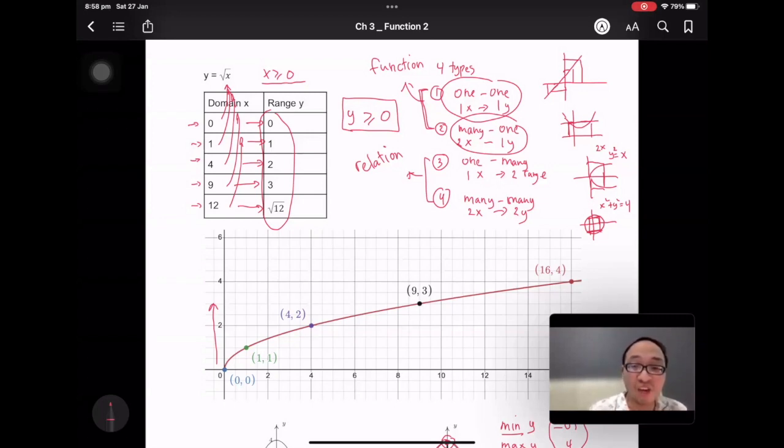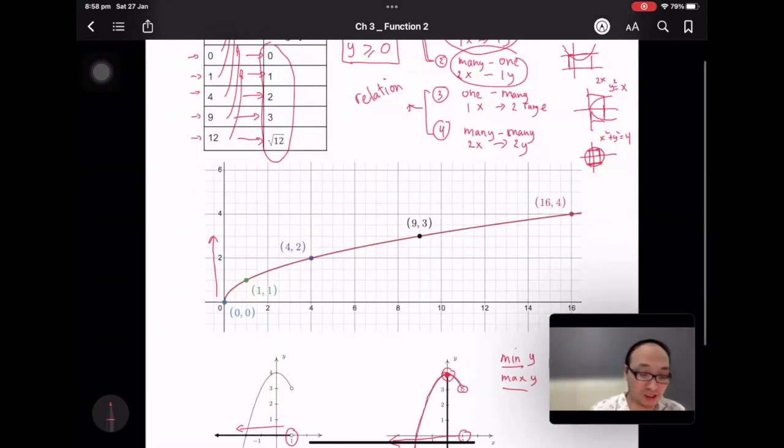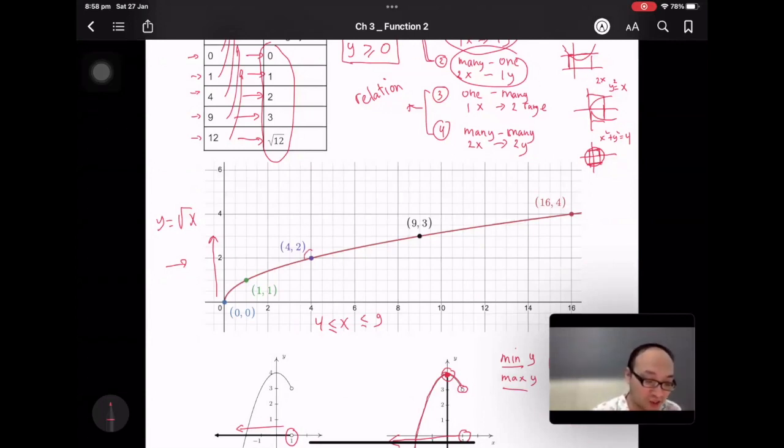If we have a one-to-one function, for example, y equals square root of x, and the domain is x from 4 until 9, we can see that for x equals 4, the value is 2, yeah? And when x equals 9, the value of y is 3.